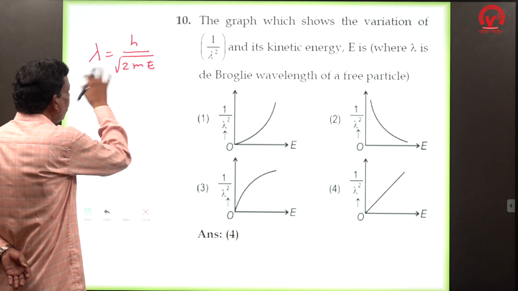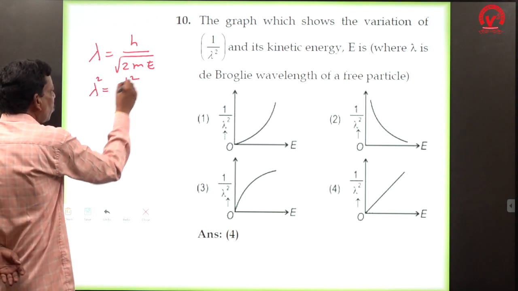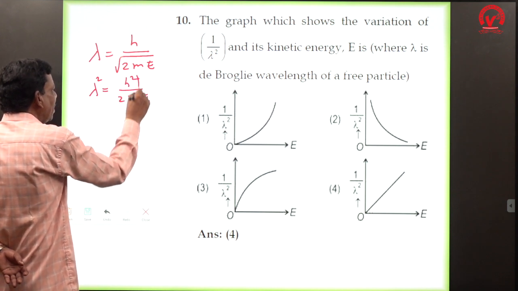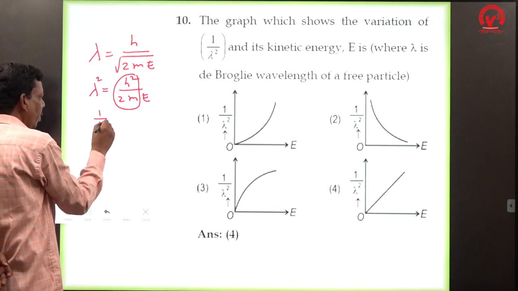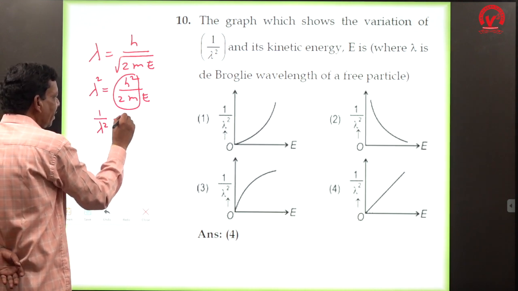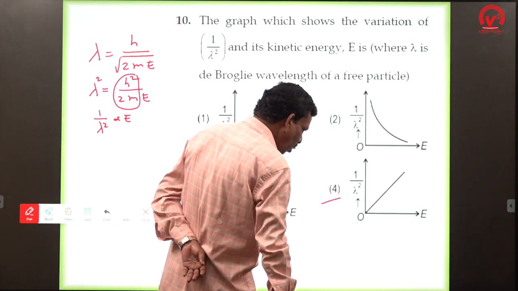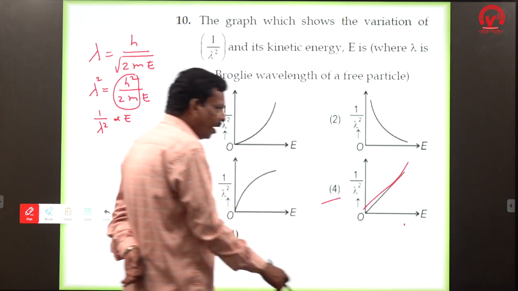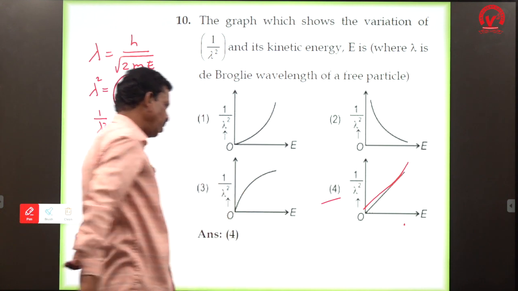Now squaring on both sides, lambda square is equal to h square by 2mE. Here this value is constant. Then they ask 1 by lambda square is proportional to what? E. So here they vary linearly. So in the 1 by lambda square versus E graph, what we get? A straight line passing through the origin.